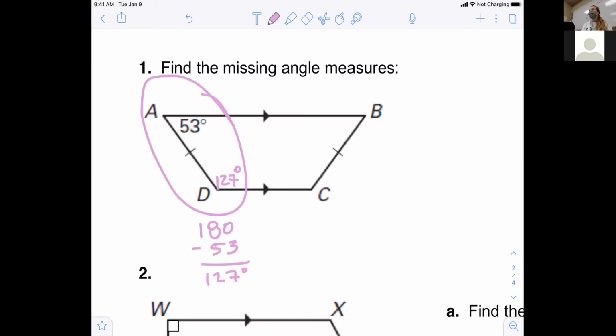Is it? Why not? Kate, you had your hand up. Do you think it's isosceles? Yeah, I think so. Why? Trust it. It tells you it's congruent. That means it's isosceles. So, Kate, do you know one of the angles?